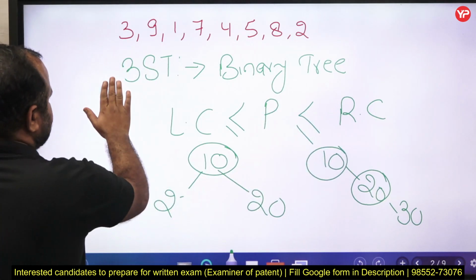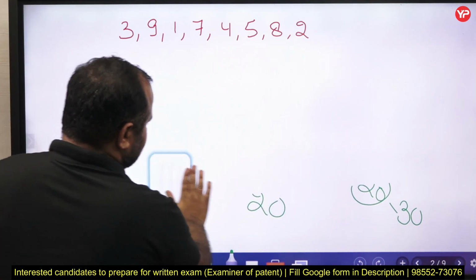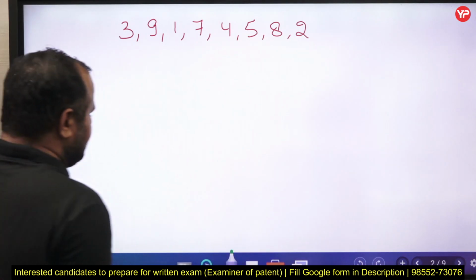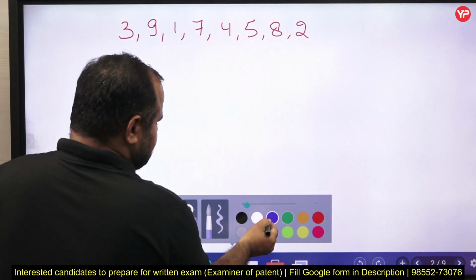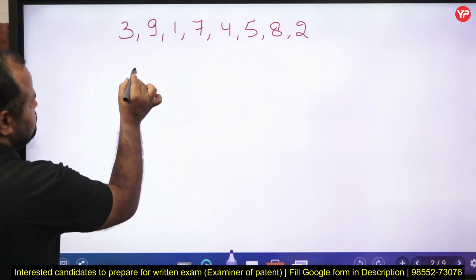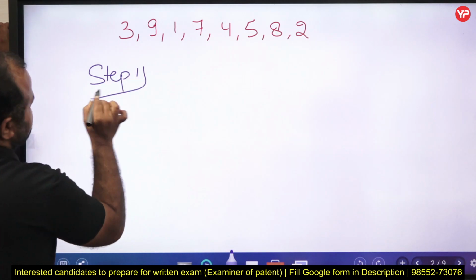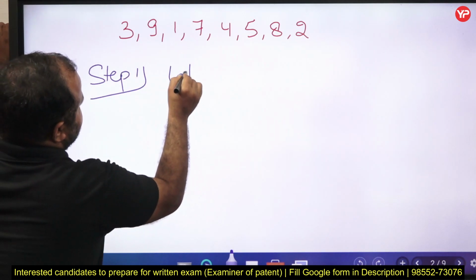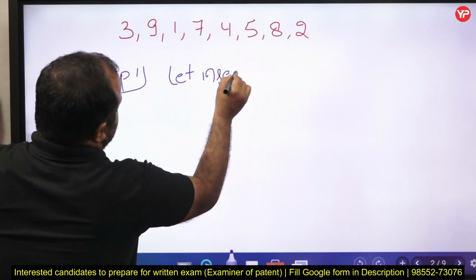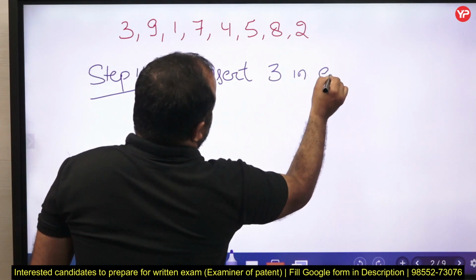Now we have to start our construction. How to construct the binary search tree from the given input. Suppose initially we have the empty binary search tree. Now 3 came. So step 1, let us insert 3 in the empty binary search tree.